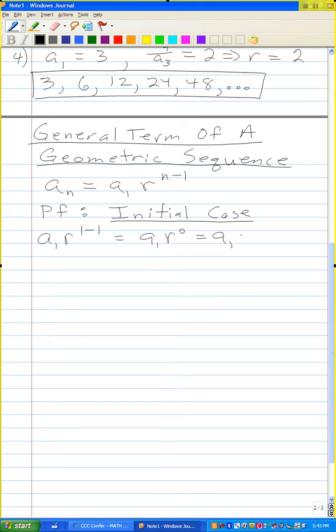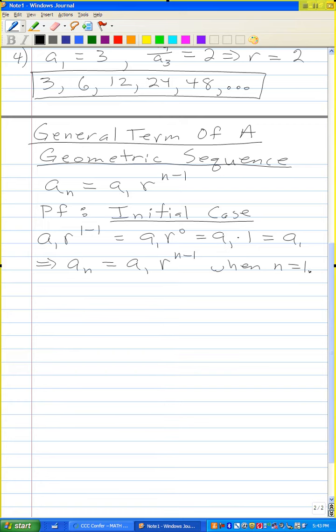If r is not 0, then any non-zero number to the power 0 is just 1. And so a1 times 1 is just a1. So therefore, I've shown that an is equal to a1 r to the n minus 1 when n is equal to 1. So I've shown that the initial case works.